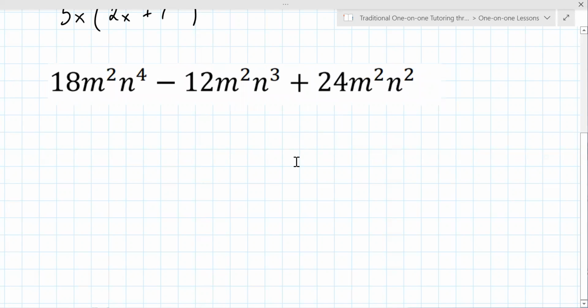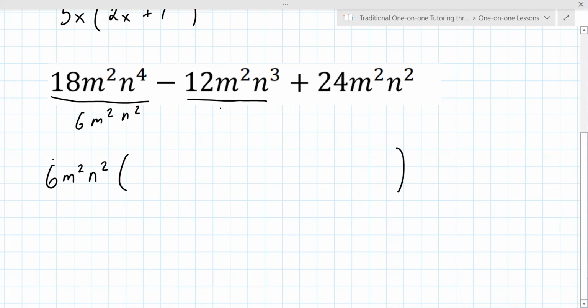Okay. 6m squared n squared. Good. Okay. And then to figure out what goes inside parentheses here, you could divide each of these by that. Can you tell me what would go in parentheses as a result of that?